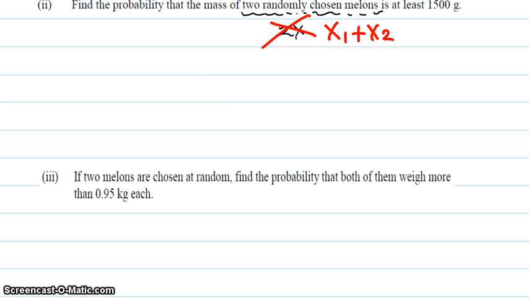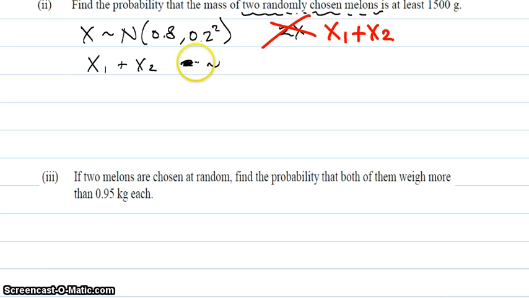So what do we do? I want to know the distribution of X1 plus X2, where X1 and X2, of course, are instances of X. Remember, X was normally distributed with 0.8 mean and 0.2 squared as its variance.